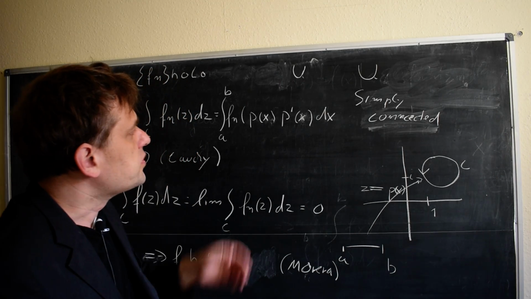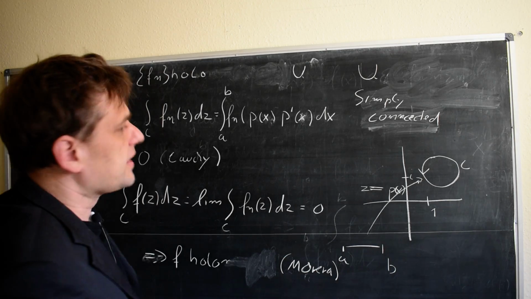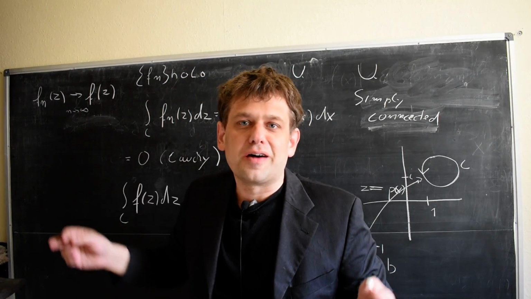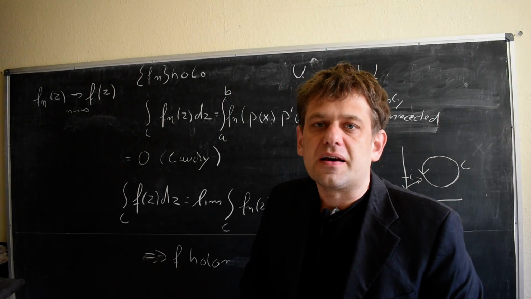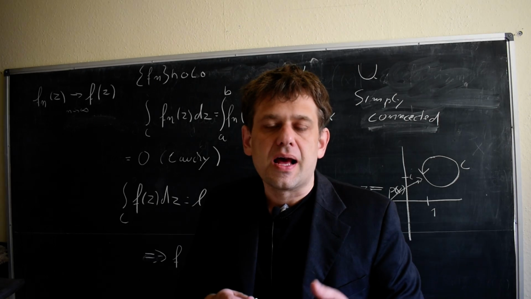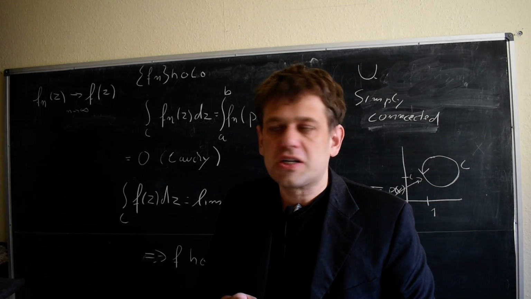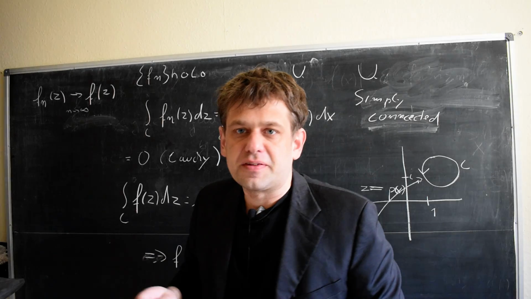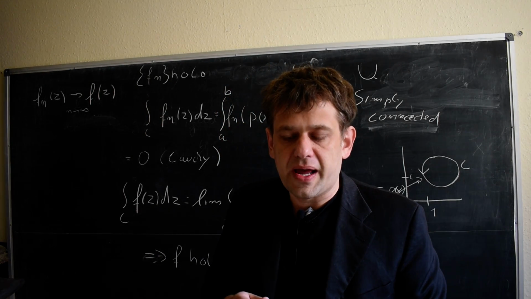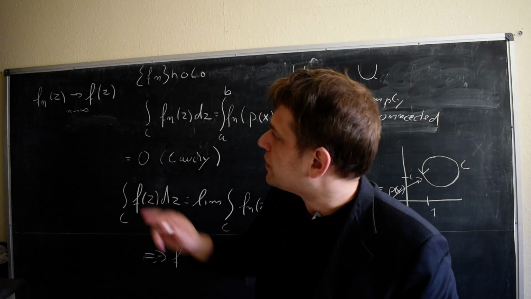And now what you do is you look at a sequence of functions of which you know that they are holomorphic and which converge to your function f. And they do so in a special kind of way, namely they do so uniformly.